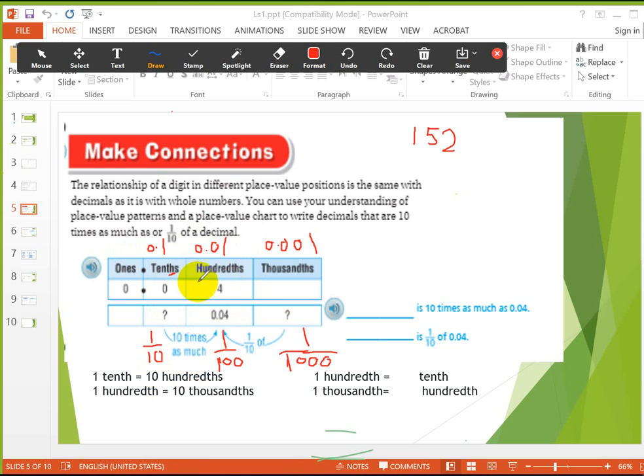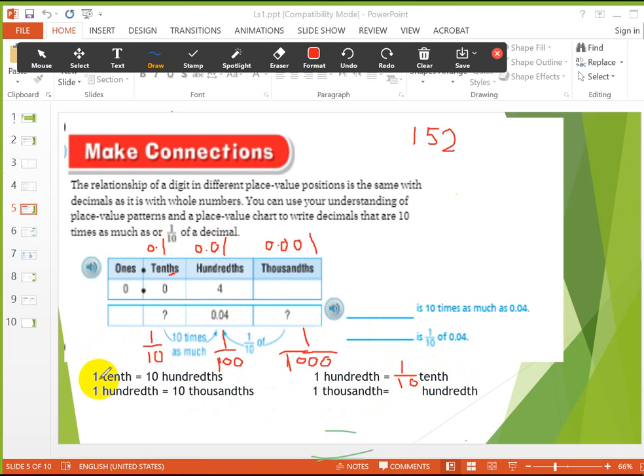So which one is the smaller? Of course the hundredths, also smaller than the tenths by 10 times. That means 1/100 equals 1/10 of the tenth, and that's what I mean in this relationship.